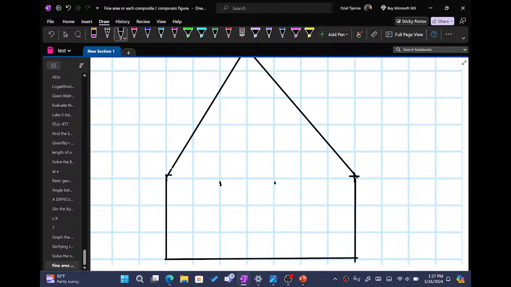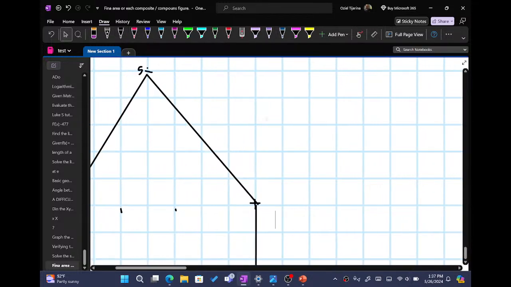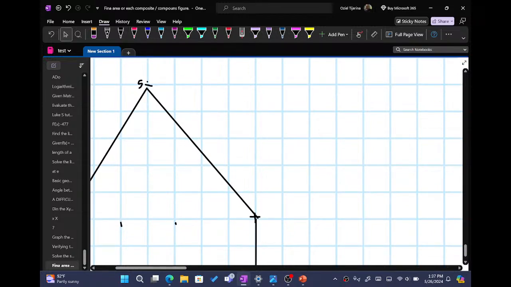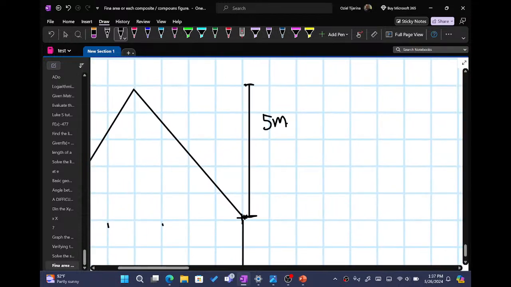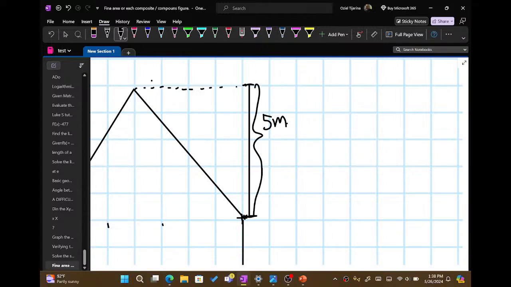We're given that the height of the triangle is 5 meters. This is the height of that.